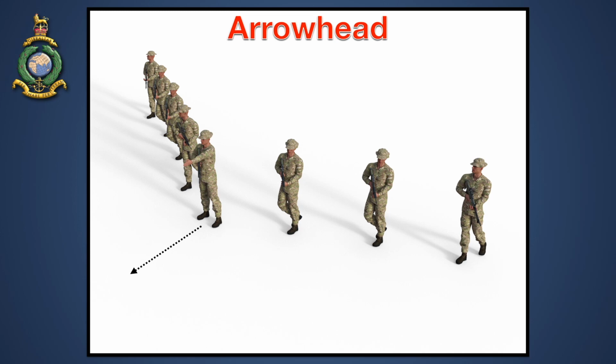And as with the extended line, the 2 gunners have moved to the extreme ends again, as you can tell by the numbering in the diagram. So with Arrowhead, you're able to bring firepower forwards, rearwards, obviously if everyone spins round, and to the flanks, to the left and the right, because where you've got this angle of the 2 fire teams, they're able to turn and fire out to their flanks.